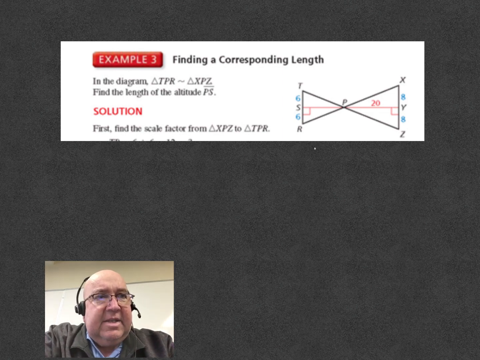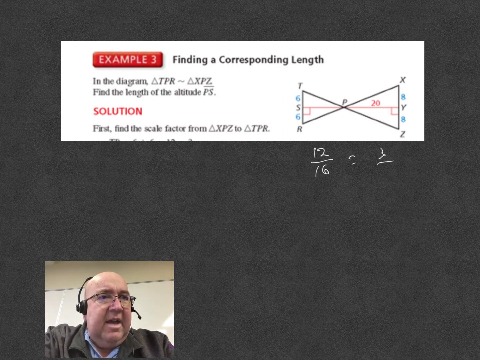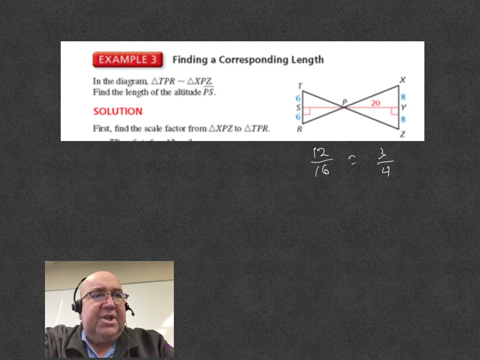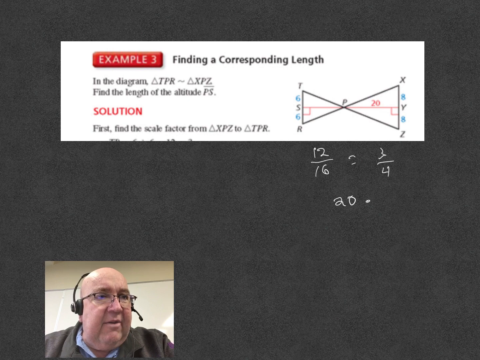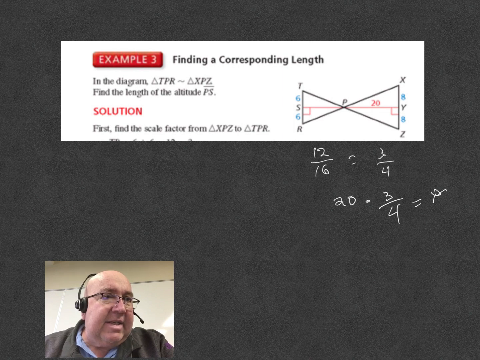So we're going to have 12 on this side and 16 on this side, meaning that we have a 3/4 ratio. So now we're going to multiply 20 by our 3/4 ratio, and we're going to get PS is equal to 15 units.